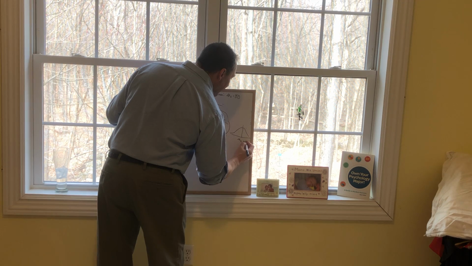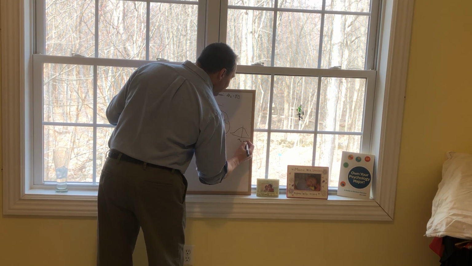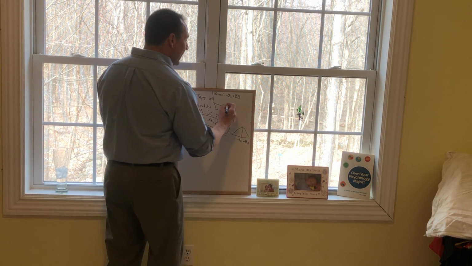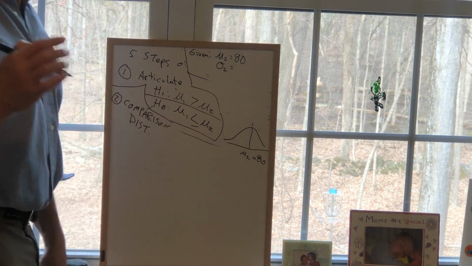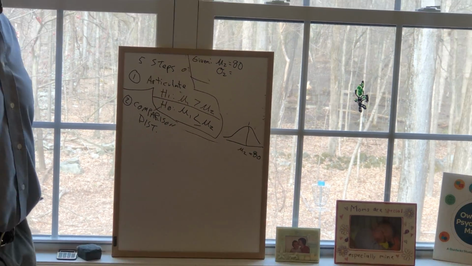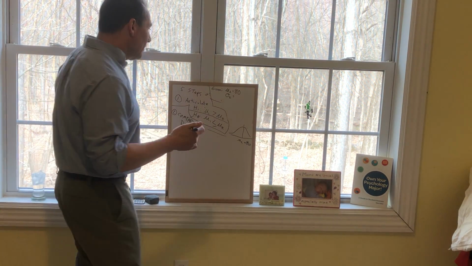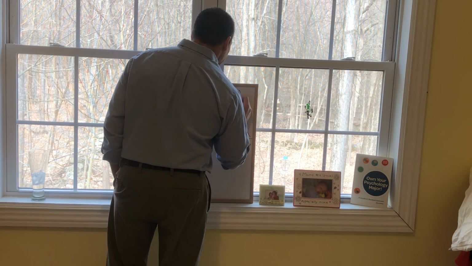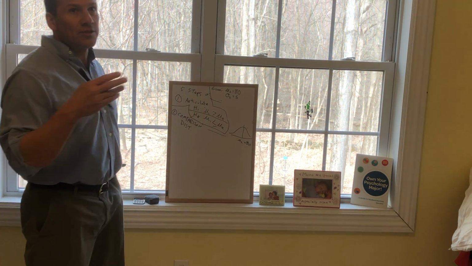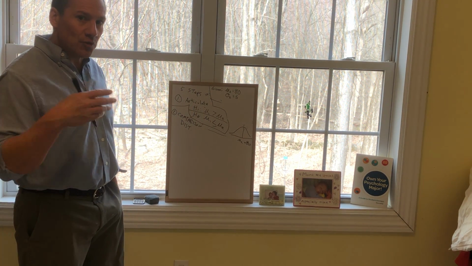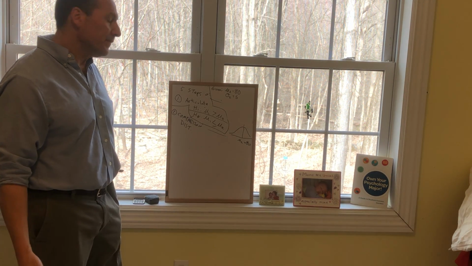We could put that down here. Then I'm going to give you sigma sub 2, the standard deviation for our comparison distribution. I'm going to put that at 5, assuming the population level standard deviation for scores on the exam is 5.